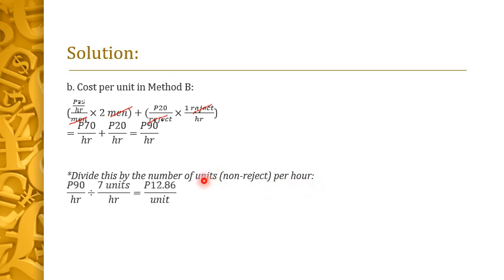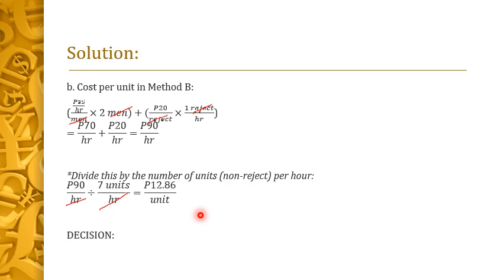So we have 90 pesos per hour divided by the number of units, non-reject per hour, which is 7 units per hour. Cancel hour, and the quotient is equal to 12.86 pesos per unit.